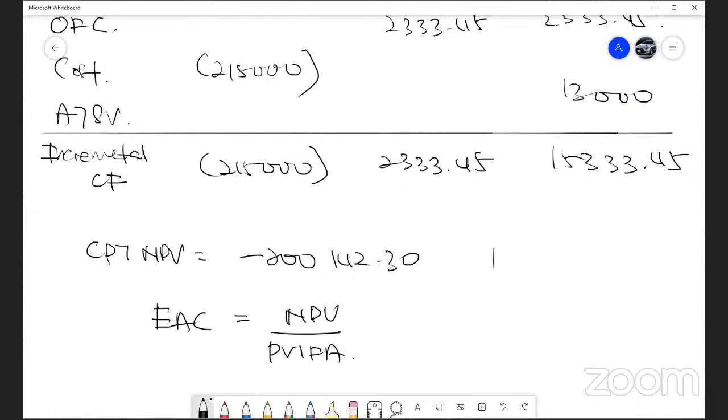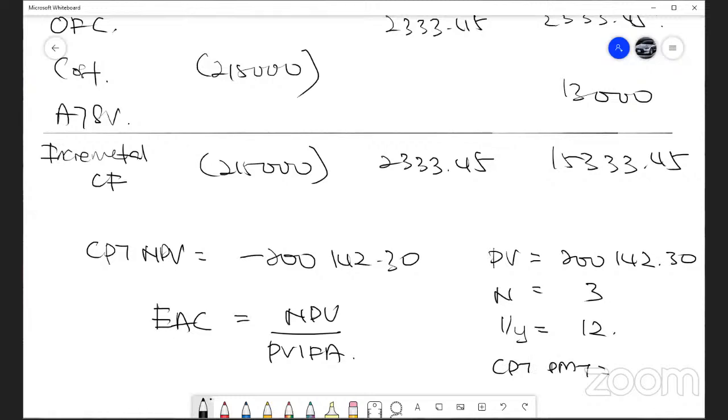So you key in PV equals 200,142.3. Ignore the negative. Then your period N is 3. Your interest rate here is 12% given to you, and you compute payment. This payment is to estimate your EAC.